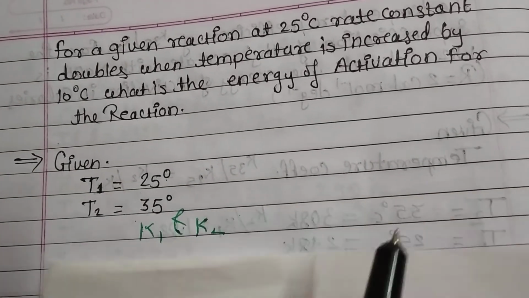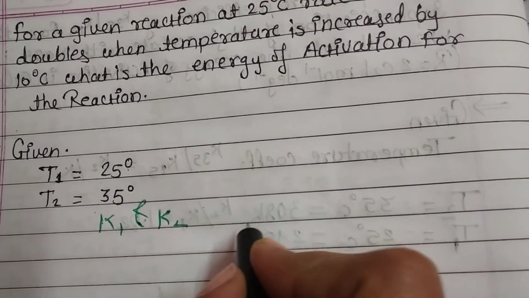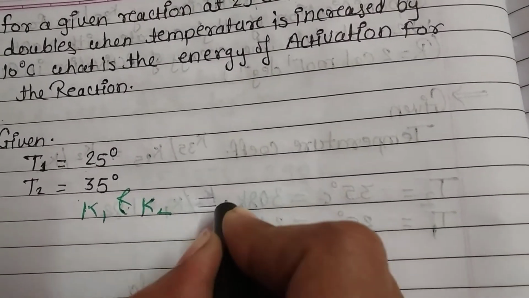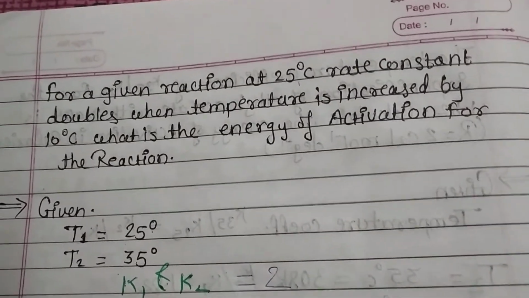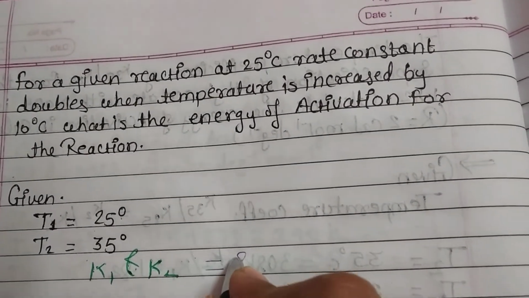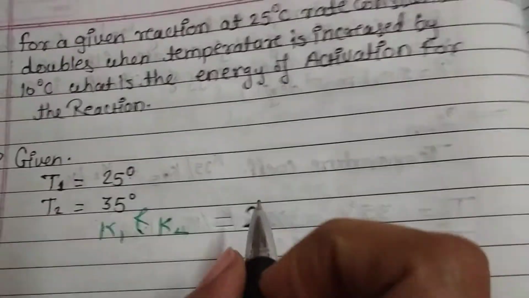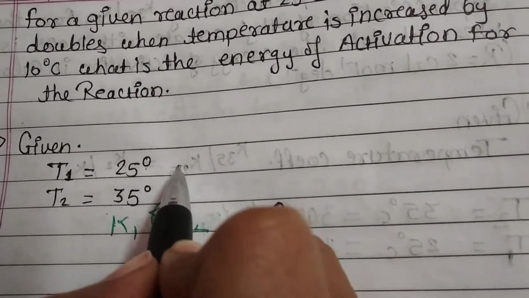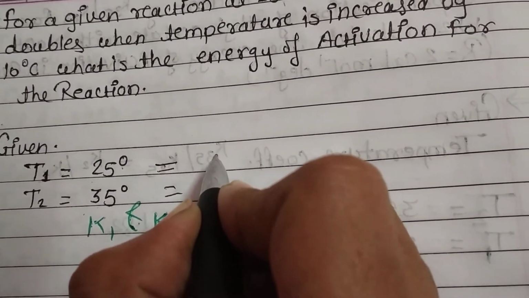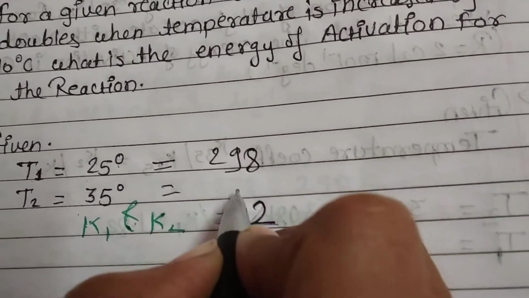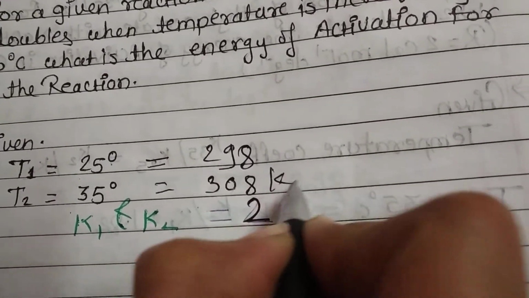So the value of K2 upon K1 is equal to 2, because the rate constant gets doubled in this reaction. And we have to convert 25 degrees Celsius into Kelvin: 25 is 298 and 35 degrees Celsius is 308 Kelvin.